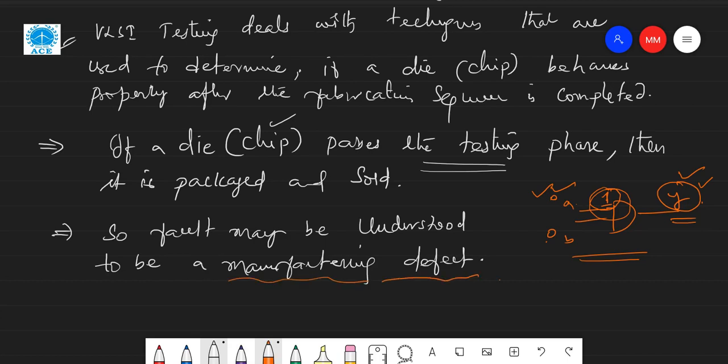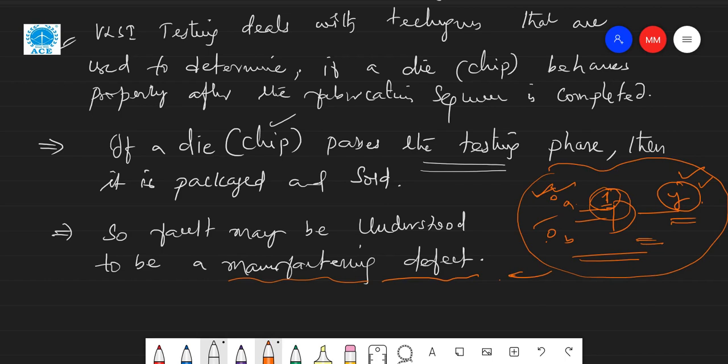So in this case, we are understanding that there is a manufacturing defect. There are both chances. Generally after design, we will check the design verification, the functionality, input and output. If it is correct, then only it is sent to manufacturing.